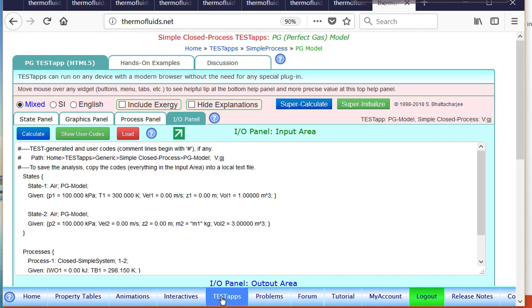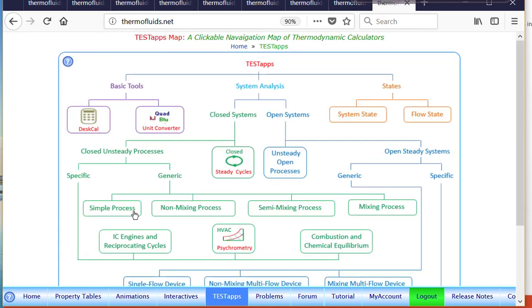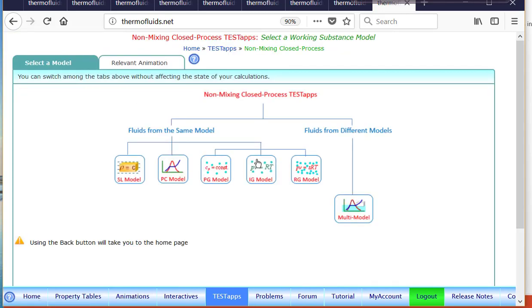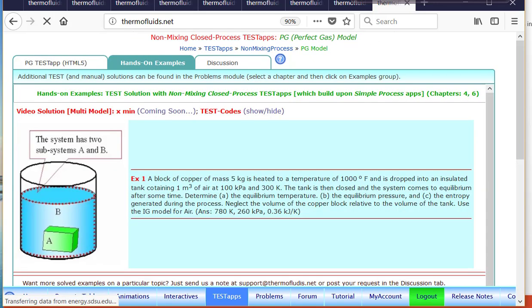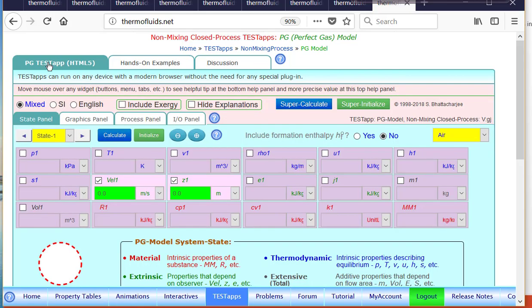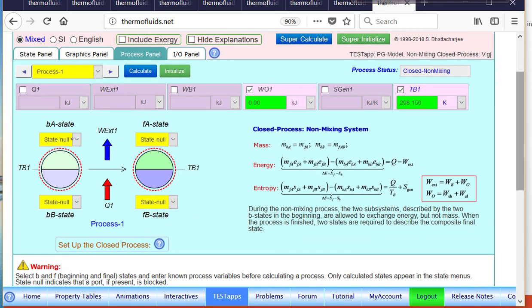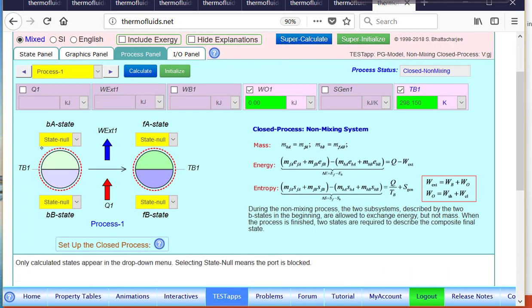Just to give you an idea, instead of a simple process, suppose we have a mixing process or a non-mixing process. Again, once you select your material, suppose again it is a perfect gas model, in that case this state panel will not change, but in the process panel, you will notice that the beginning state is now a composite state.